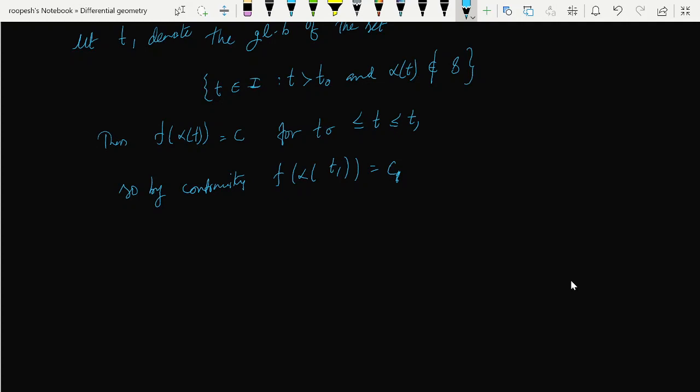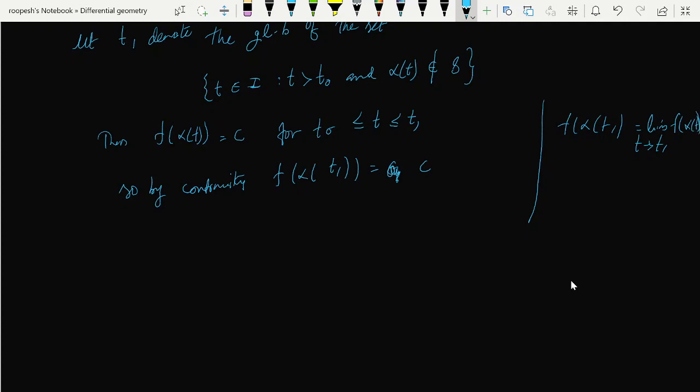So how did we get this? We have f of alpha of t1 equal to the limit as t tends to t1 of f of alpha of t.